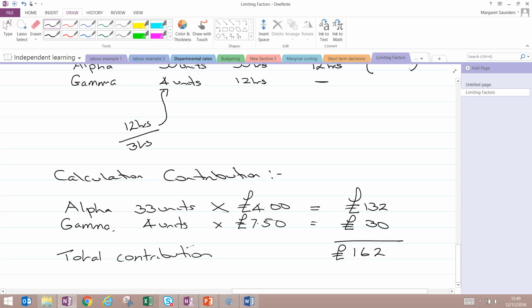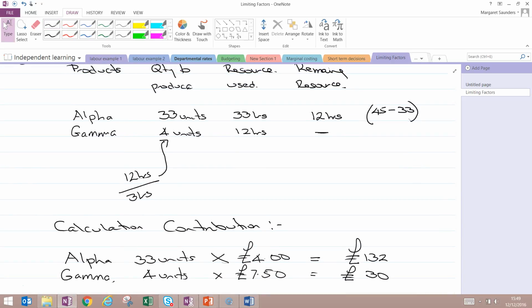That is the maximum contribution you can earn using the 45 spraying hours. If the question had asked for profit, we have a contribution. And remember, to get from contribution to profit, you need to deduct fixed costs. So that's how you deal with a limited resource.